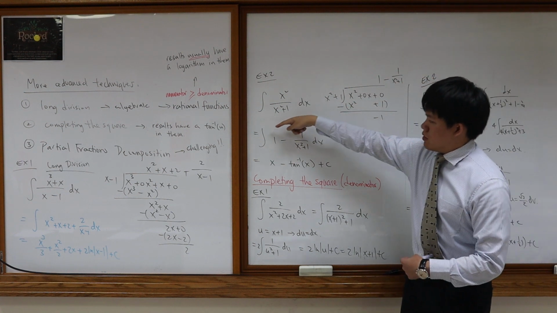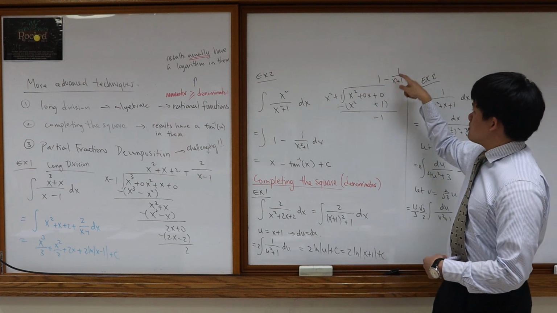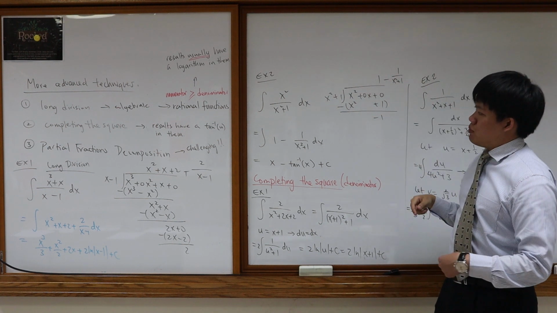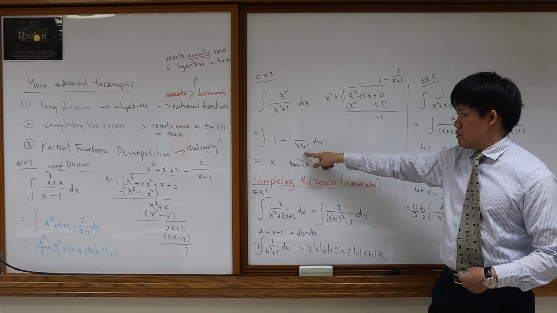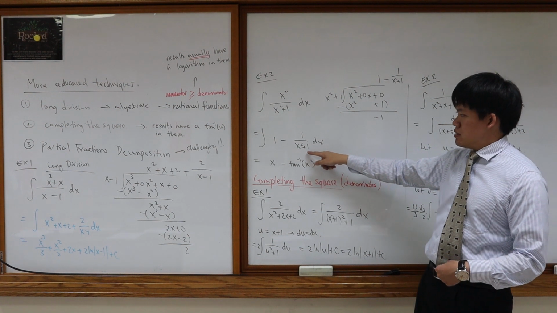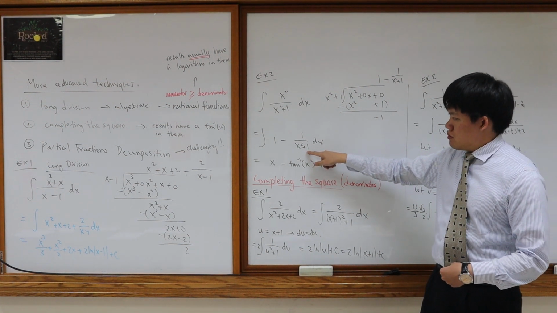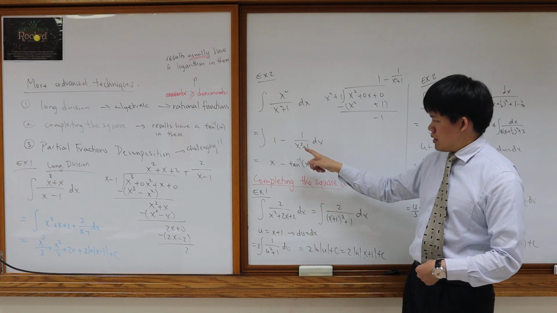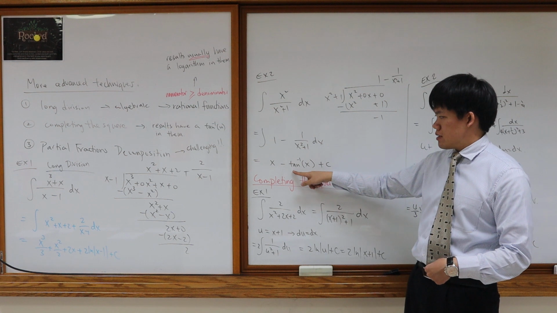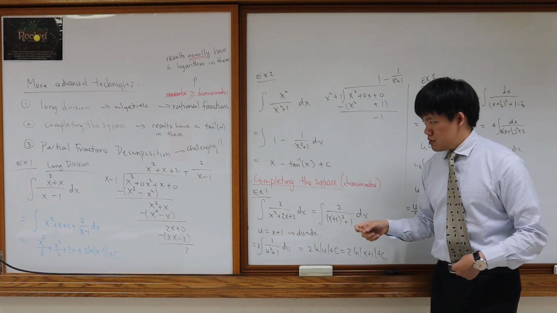Okay, as you can see over here, the 1 is easy to integrate. It just becomes x. And then the plus, in this case minus, 1 over x squared plus 1. As you can see, this is an arctan integral. And because this is a 1, remember, when you have a 1 here, you have to have a 1 here to do the substitution for arctan. So when you do that, you end up with x minus arctan of x plus c. Okay, that's what you have. Don't forget the plus c. It's very important.